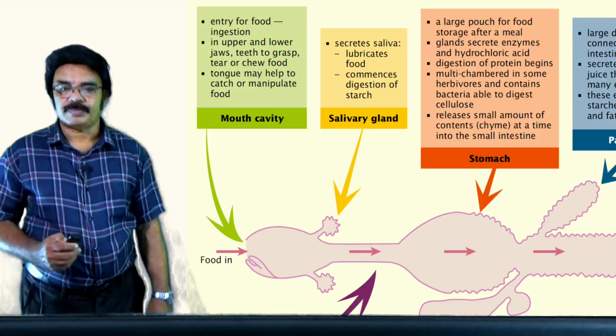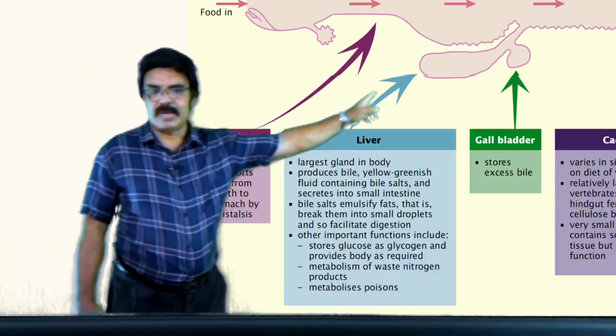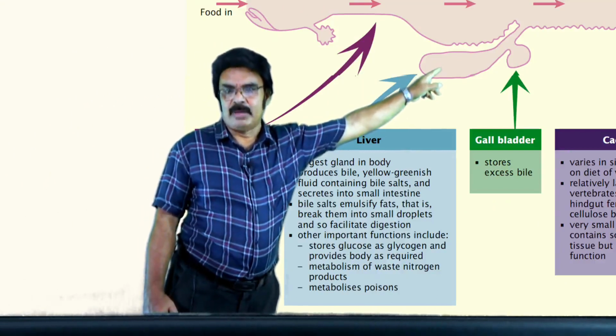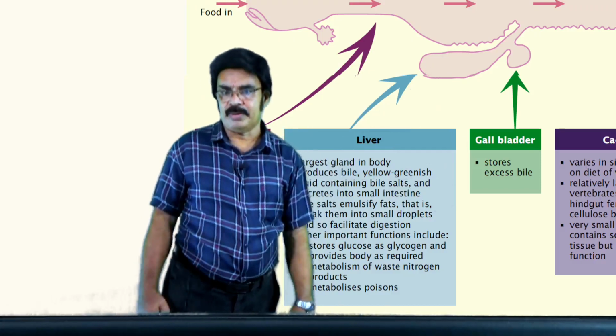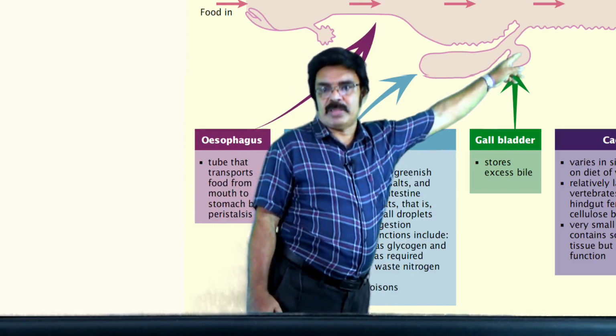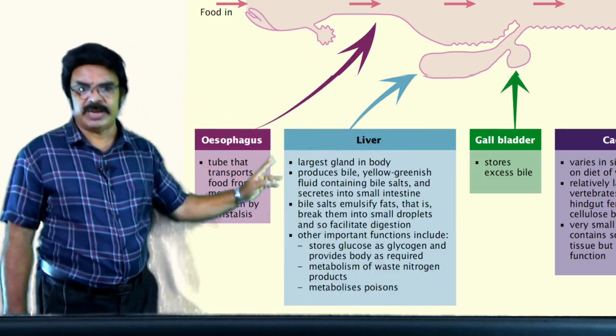Next thing, the liver. Liver is something extra, the glandular part, the big organ, and the gallbladder is associated with the liver. We are learning all these things later.